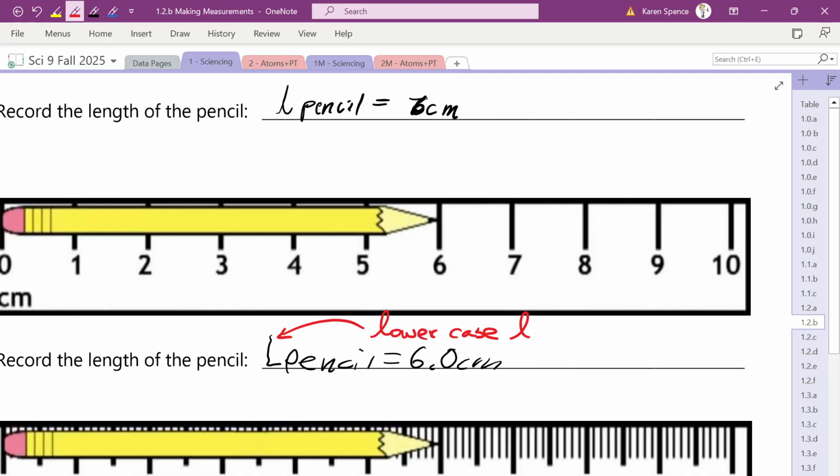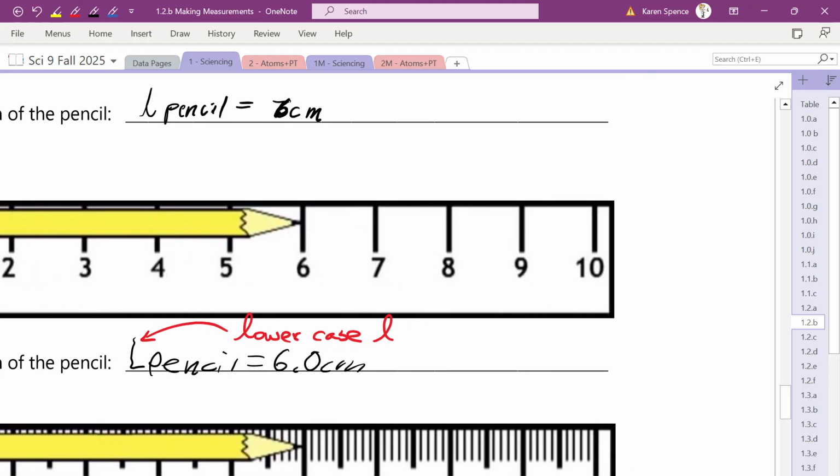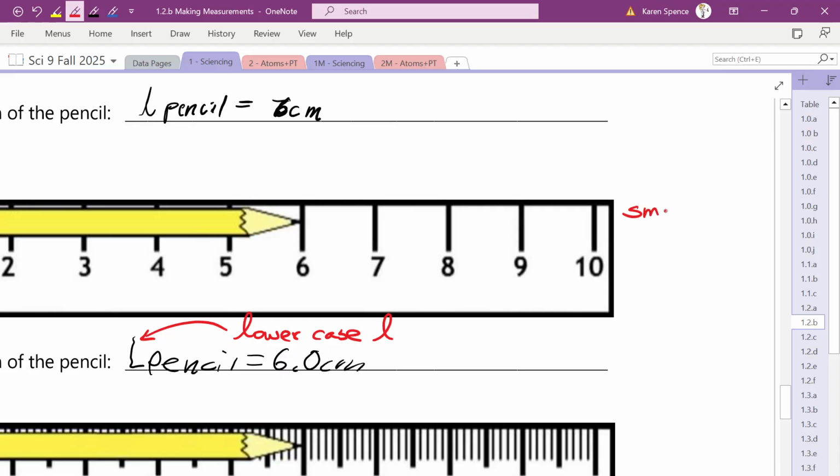No. Okay, and this one, our smallest line is worth how many centimeters? 1 centimeter. And so we're going to estimate the 0.1 centimeter position right there.